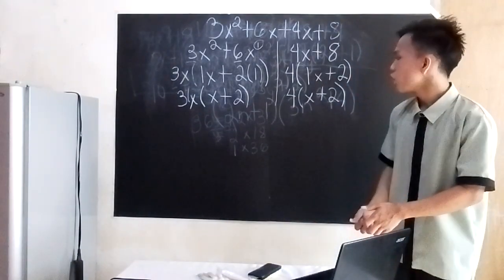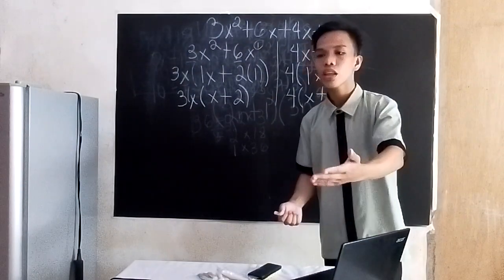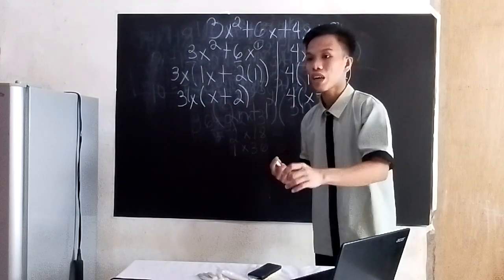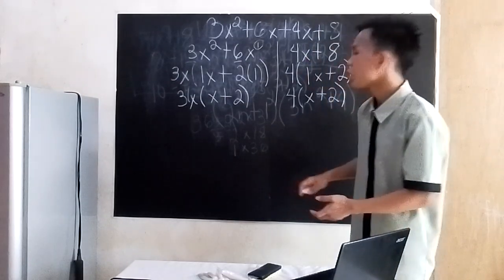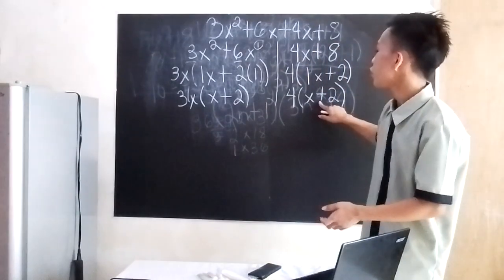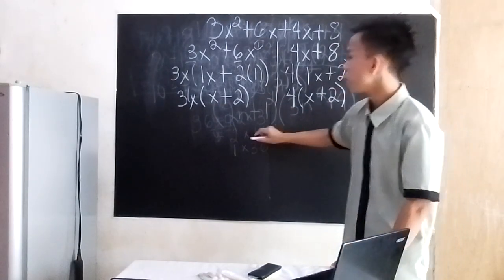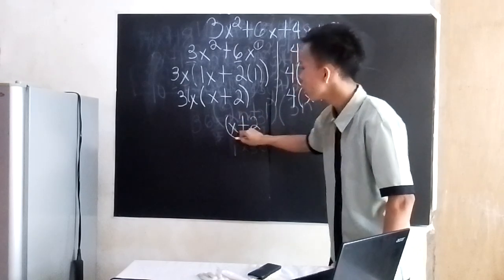Okay, so again, what is the next step? Yes, Madeline? That's right, fusion, or also known as combining. We are not going to call it fusion. Okay, so we are going to combine them. Combine x plus 2. So that will be x plus 2. They become 1.